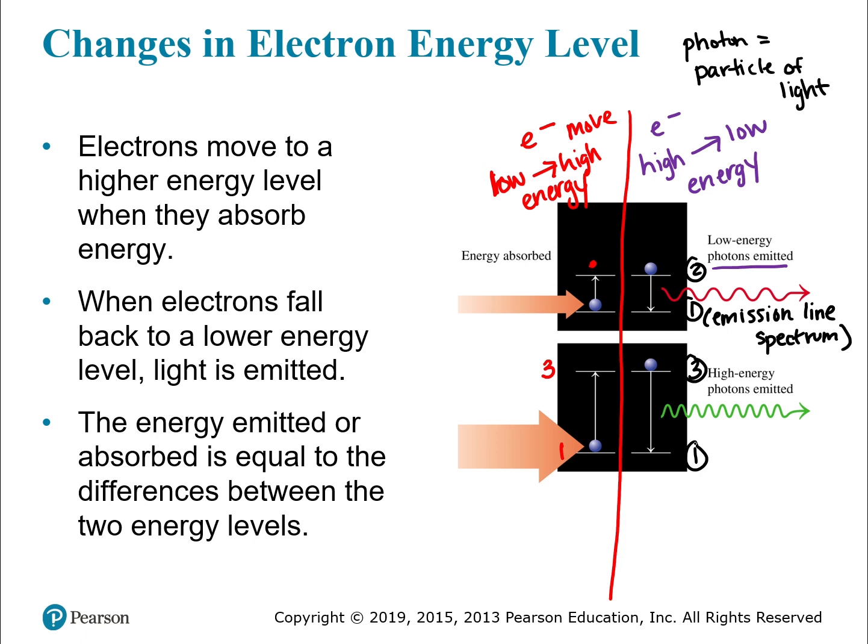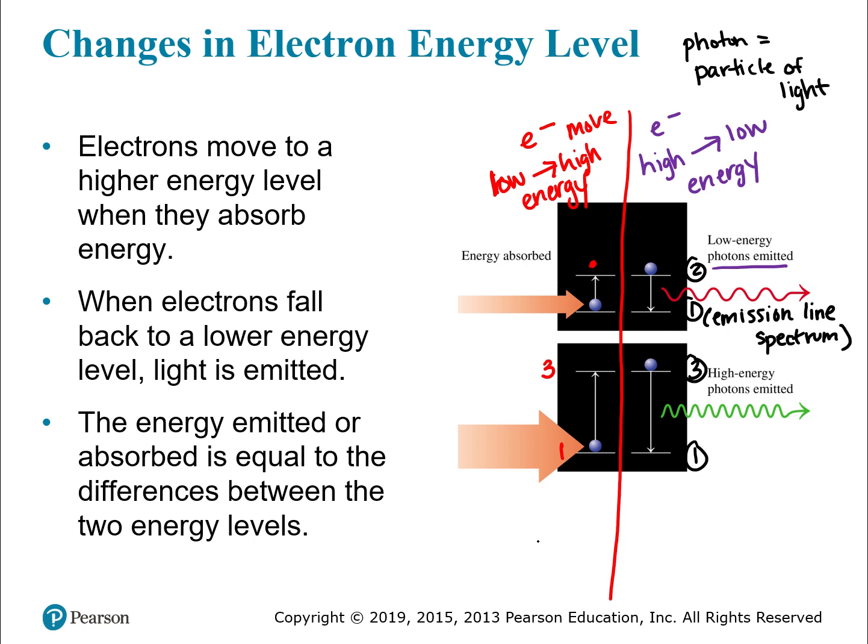So you could put A for absorb, E for emit. What's going to happen if that electron is going from a level 7 to a level 4? It's going to emit. Good.